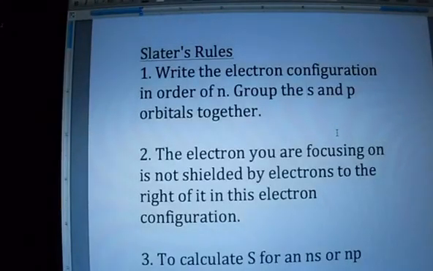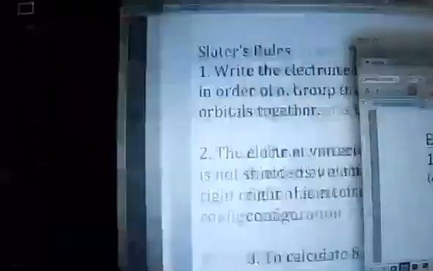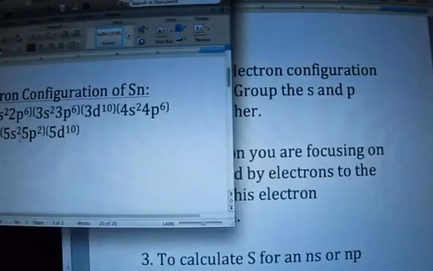The second rule is the electron you are focusing on is not shielded by electrons to the right of it in this electron configuration. So let me bring this over here. If we're looking at the 5s electron, that's in this group. It's not going to be shielded by 5d electrons because it's to the right of it.